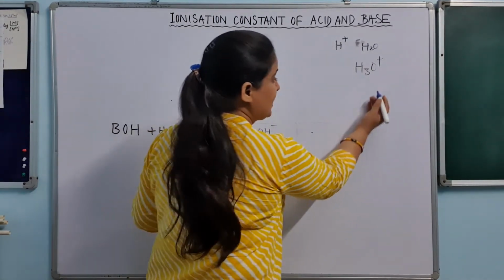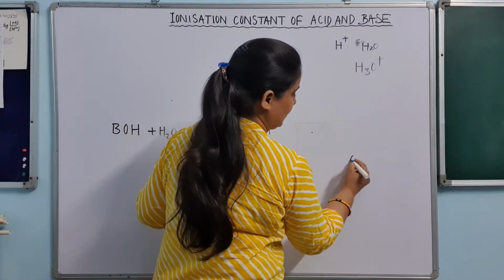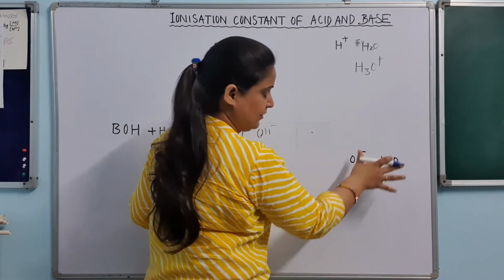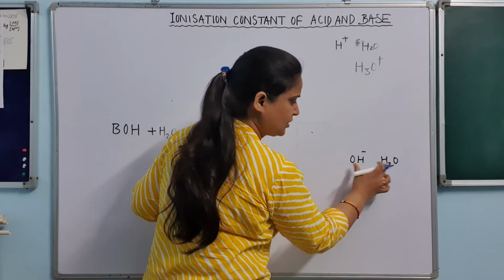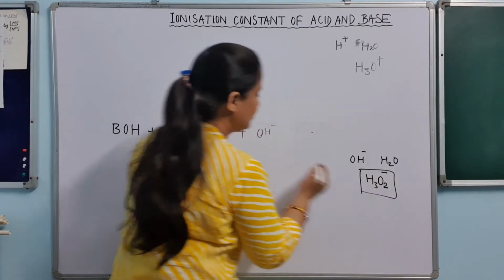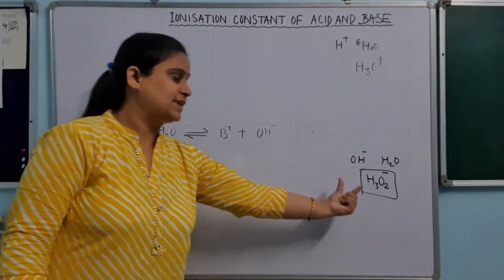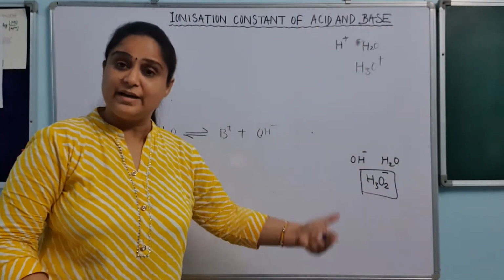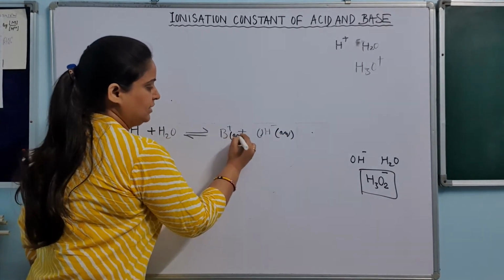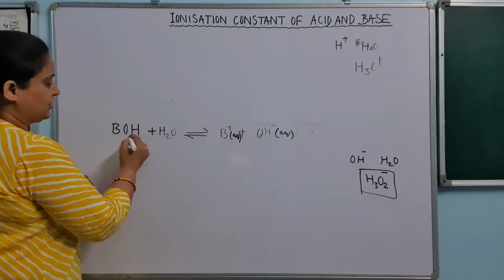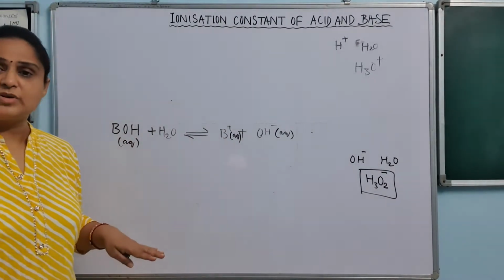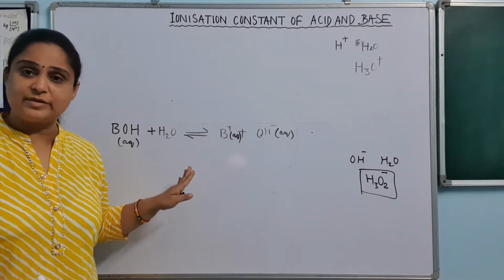But OH minus ion also connects with H2O, and we write it as H3O2 minus. So actually OH minus ion can be written like this also. They are also hydrated. This is in the aqueous state. This water है ही है. This BOH is also in the aqueous state. So let's apply the same concept, equilibrium constant, for this particular reaction also.